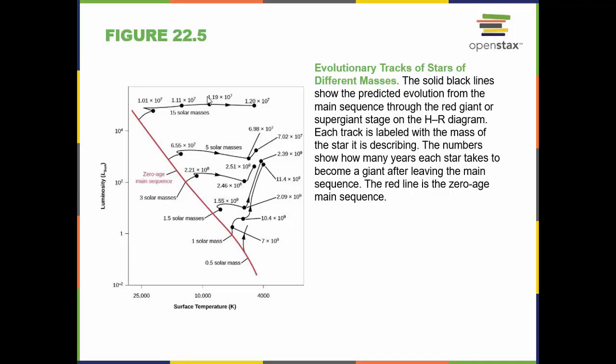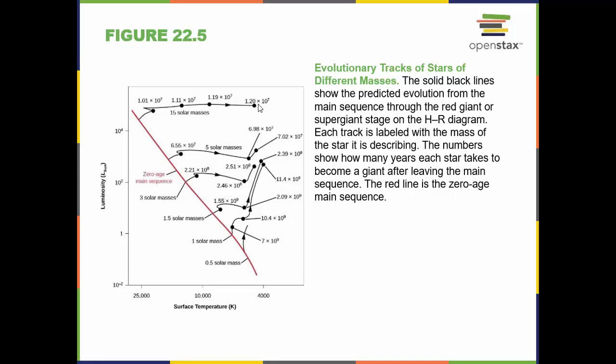And starting with what happens at zero age, which is on the main sequence. So don't forget, this is the surface temperature, and it's increasing in this direction, and this is luminosity. And what we see is that if we have a 15 solar mass star, it will begin to move out this way and start to cool off.